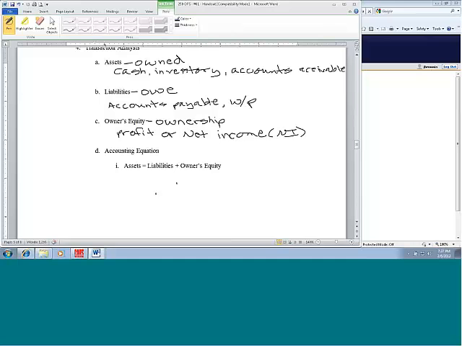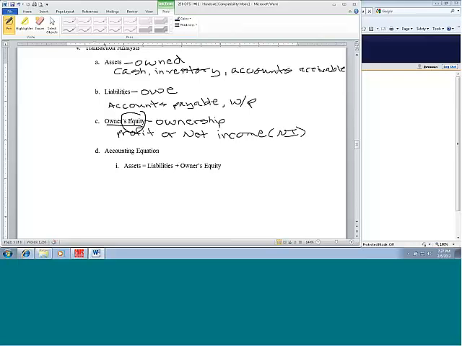But before we talk about that, I do want to clarify owner's equity. And really, a lot of people, when they think of equity, think of home ownership and the equity or negative equity that people have in their homes. And while that can work as a method of understanding equity, basically it's just what's left over after we pay all of our liabilities with our assets.